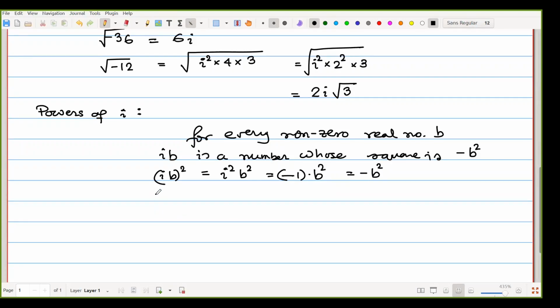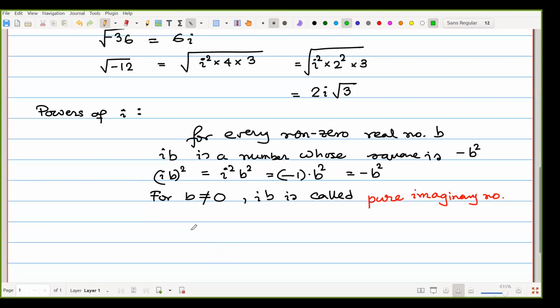And for b not equal to 0, that ib is called a pure imaginary number. Why not b equal to 0?